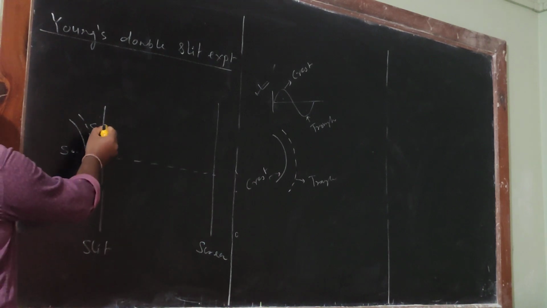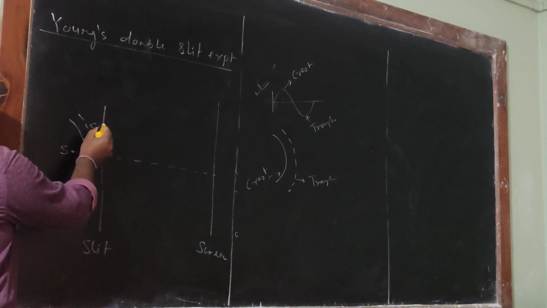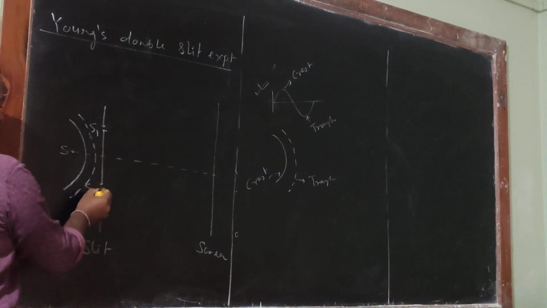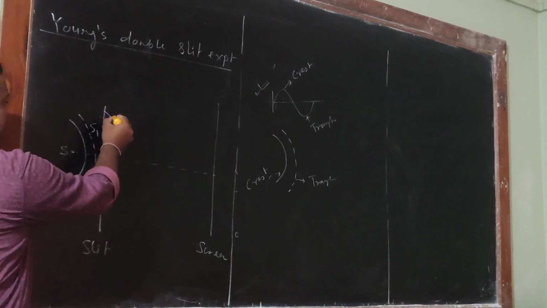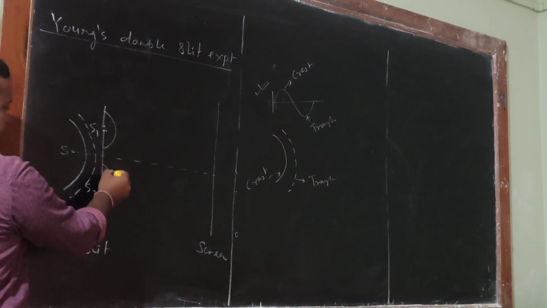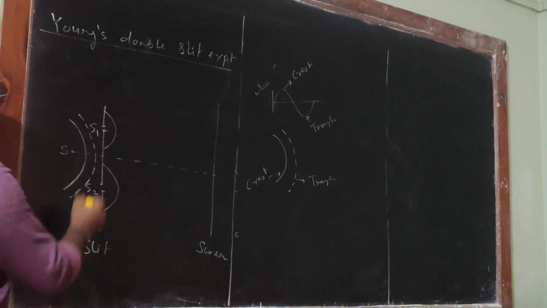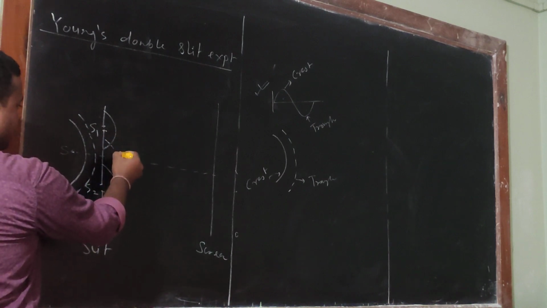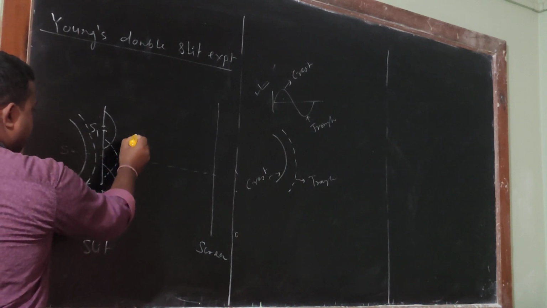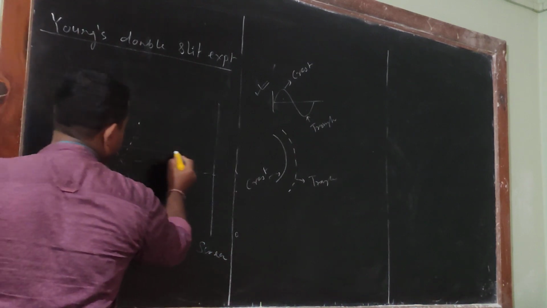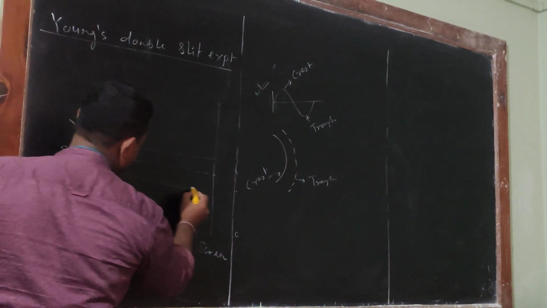Now here it divides, the waveform divides because there are now two sources, S1 and S2. So waveform divides. Now here crest, trough, now again crest. So this crest divides. Okay. Then trough. This one trough. Here also this is trough. This is a point on the screen. This is a point on the screen.